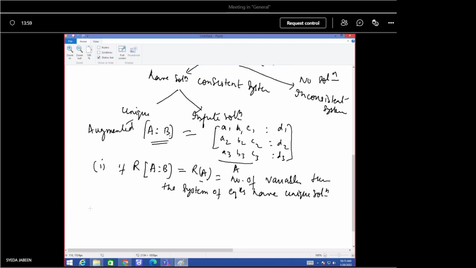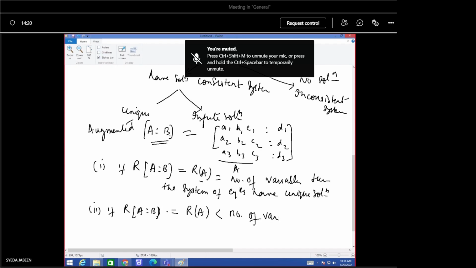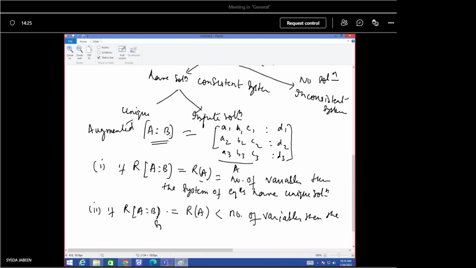Now another case. If the rank of the augmented matrix is equal to the rank of the matrix A, but less than the number of variables, then there are an infinite number of solutions.